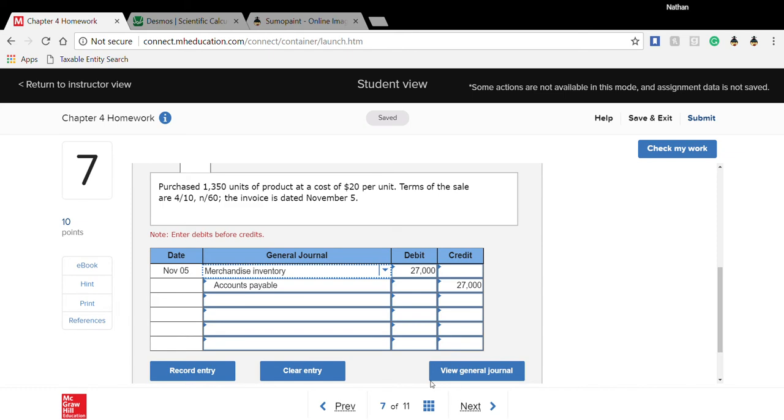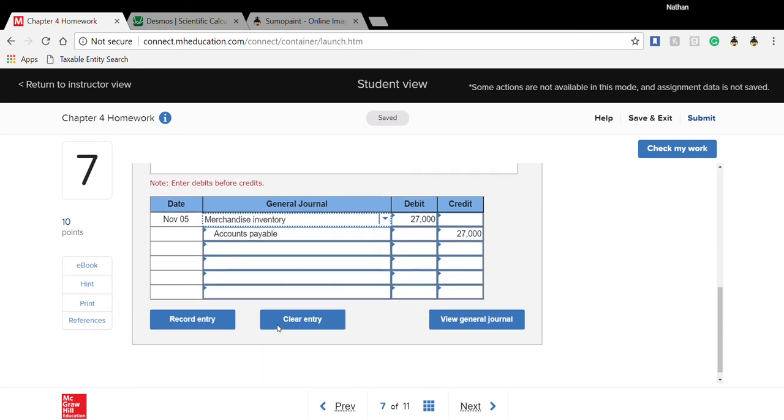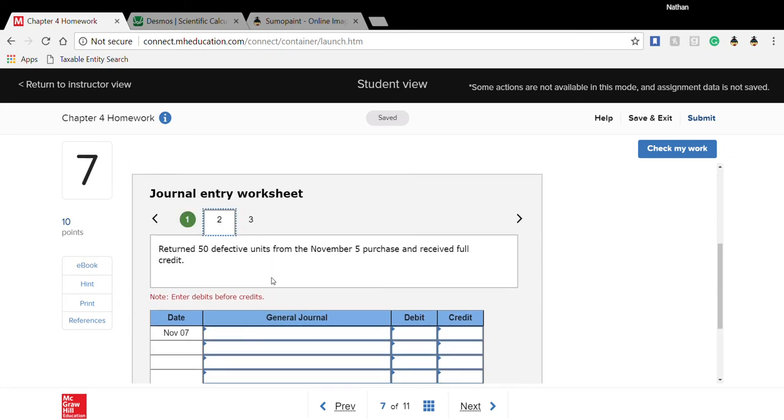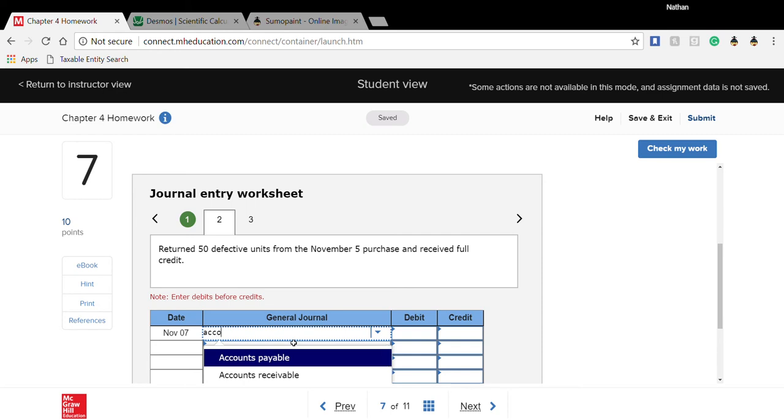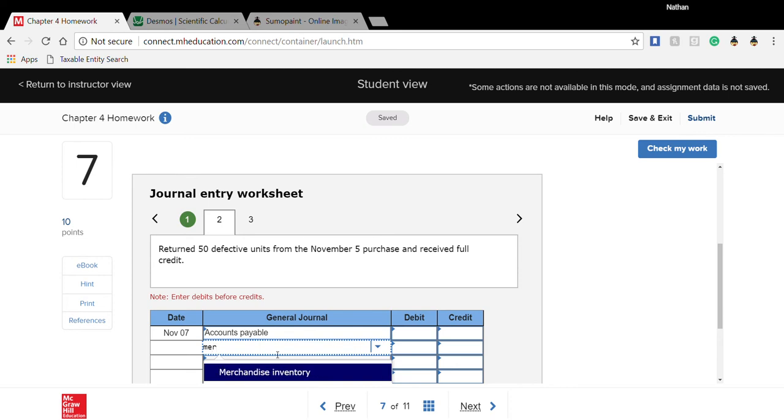Next one. We return 50 of those defective units. Our journal entry is basically going to be the flip. Since we return, we no longer owe however much that 50 is, and we no longer have ownership of those 50 units.